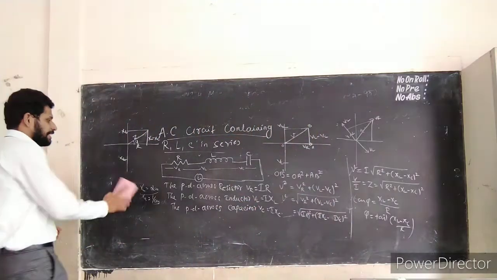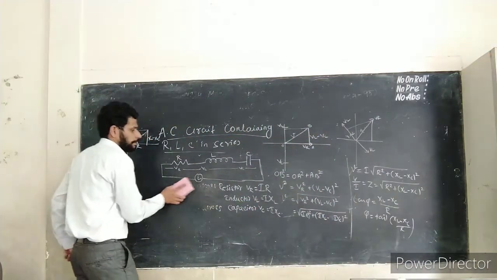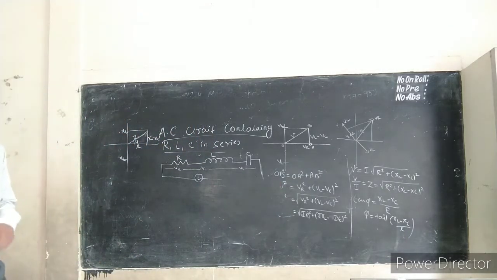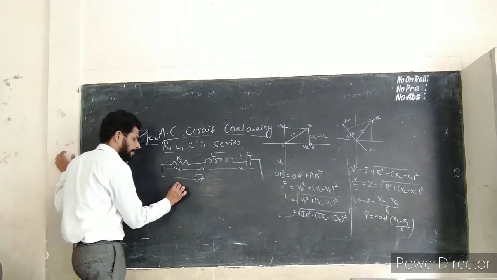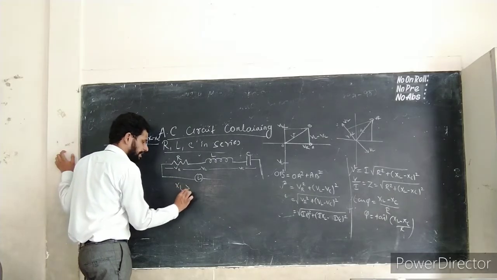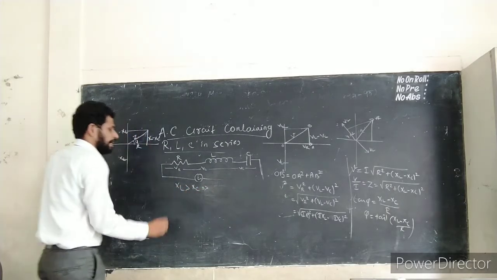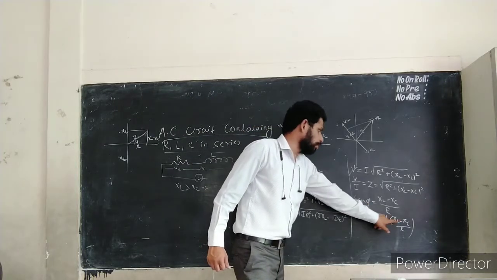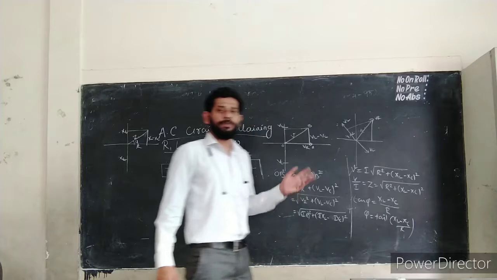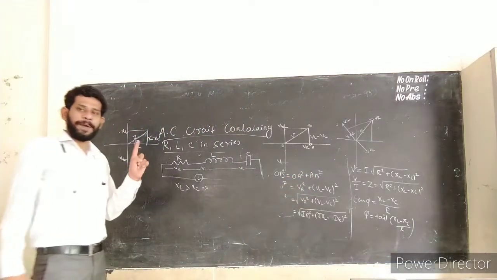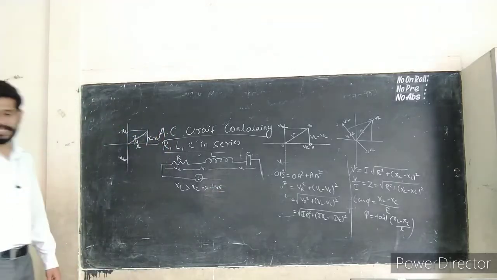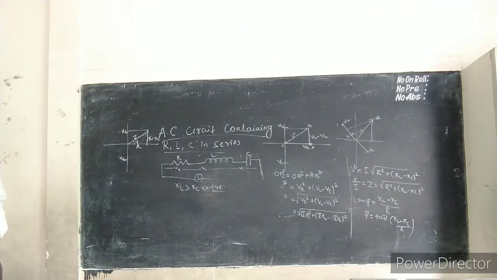When XL is greater than XC, that means the resistance offered by the inductor is greater than the resistance offered by the capacitor, then the numerator is 2 minus 1, which is positive. So it will become positive, and there is a phase angle. It means that the applied voltage leads the current by the angle phi.